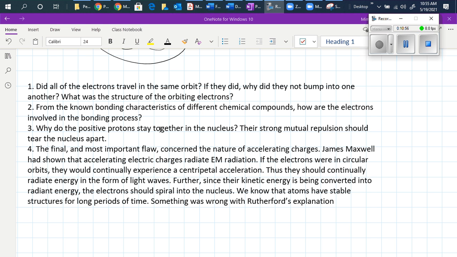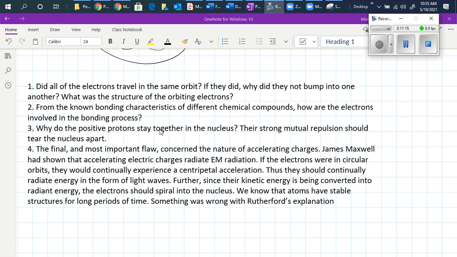Since they are negatively charged electrons moving in a circle with acceleration, how come they are not radiating any EMR? We will talk about this later on.